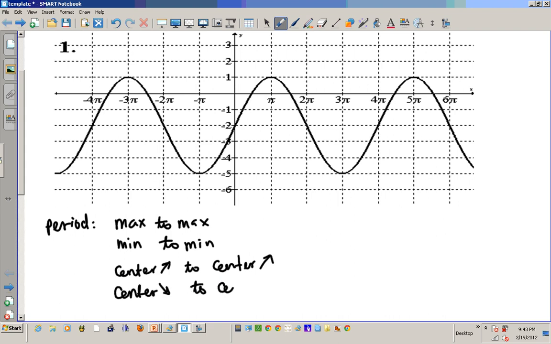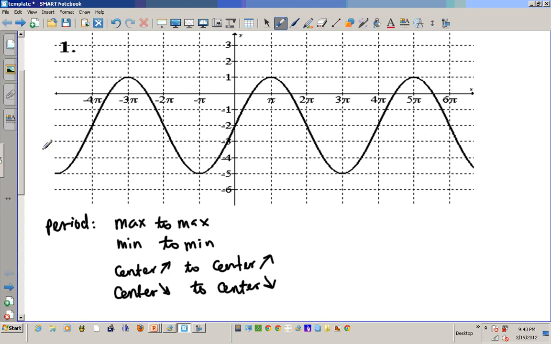These are the best ways for finding the period. I can find 2 points with exactly the same orientation on the graph, and then the distance between those will tell you the period of the function.